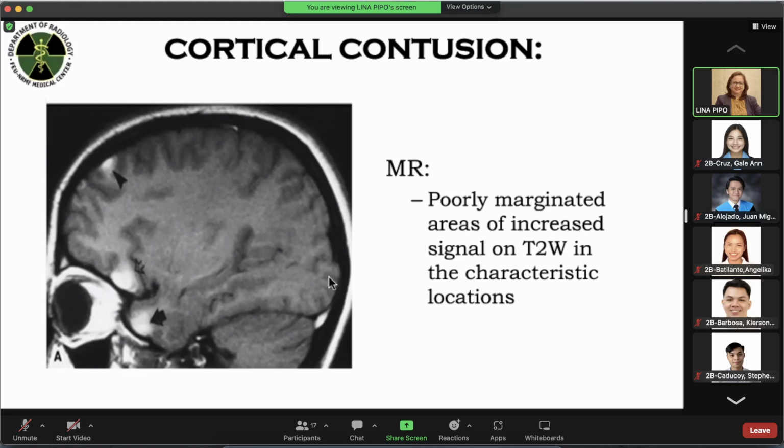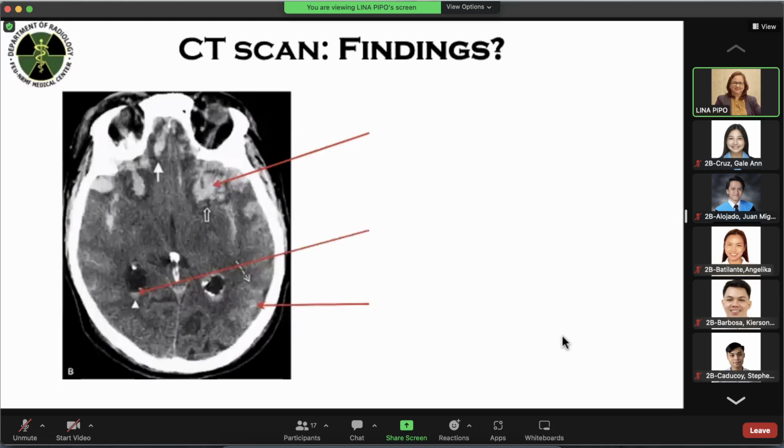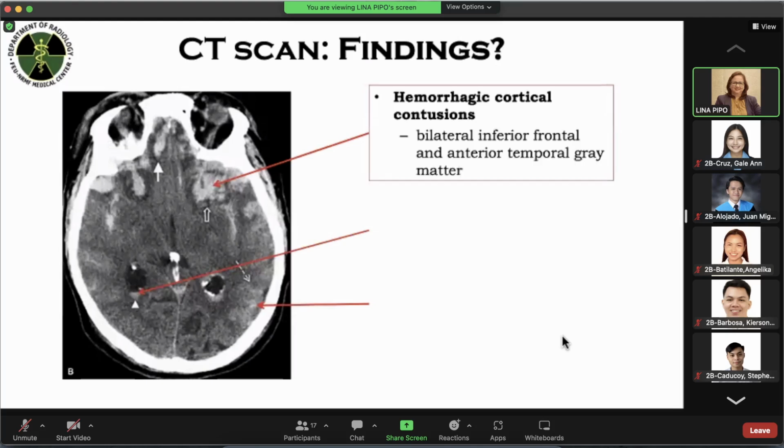Here, there are multiple peripheral areas of increased signal intensity, which are your cortical contusions in the superior frontal, inferior frontal, and anterior temporal lobes. What are your CT scan findings? There is a hemorrhagic cortical contusion in the bilateral inferior frontal and anterior temporal gray matter. So the contusion is bilateral.